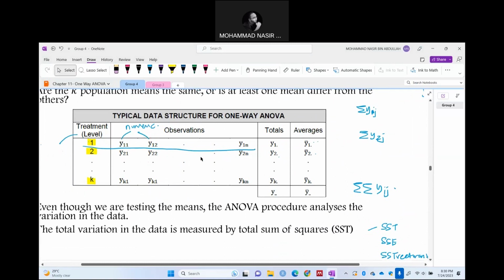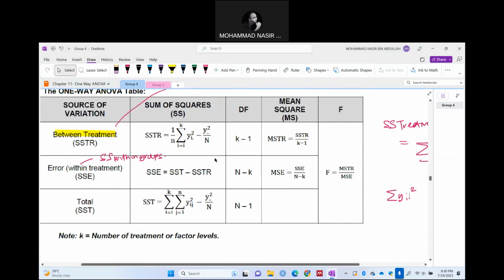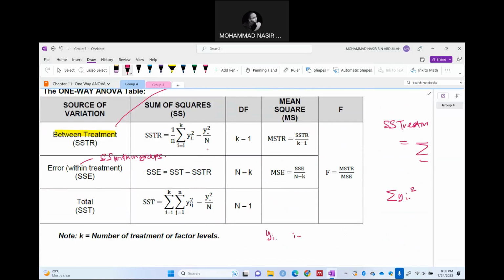The total for each treatment means yi dot, where i is the number of treatment, the treatment group.